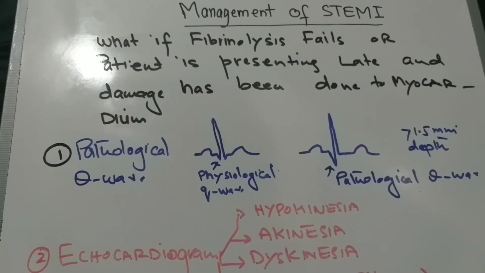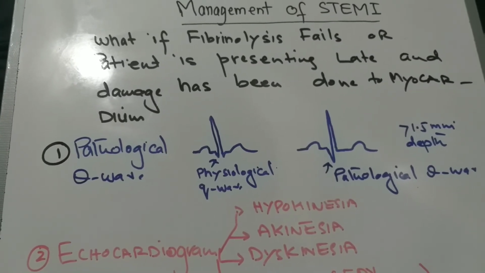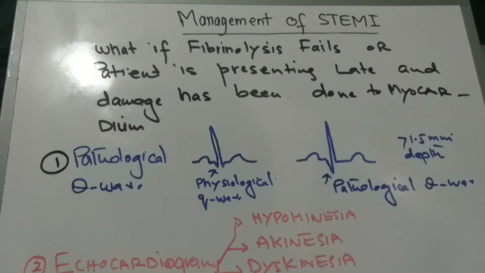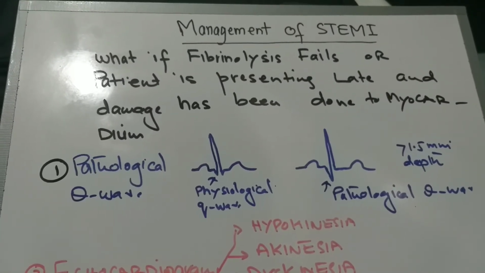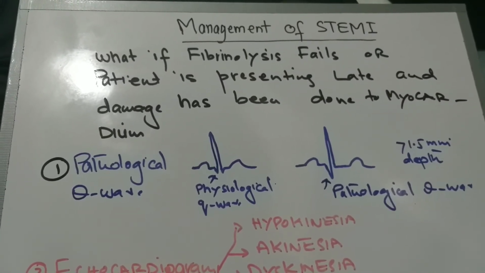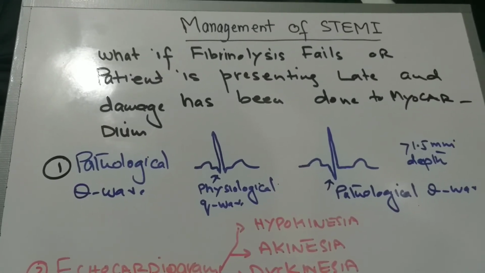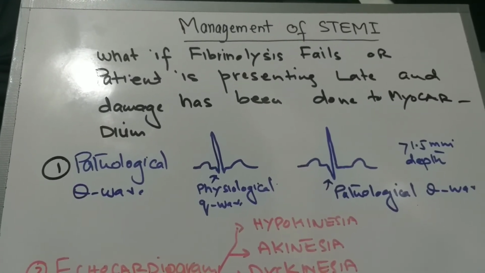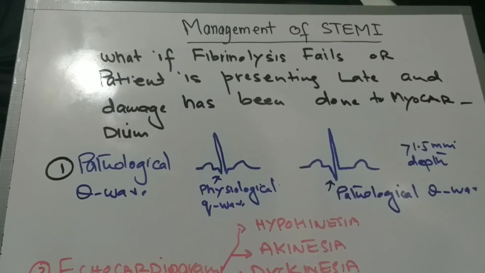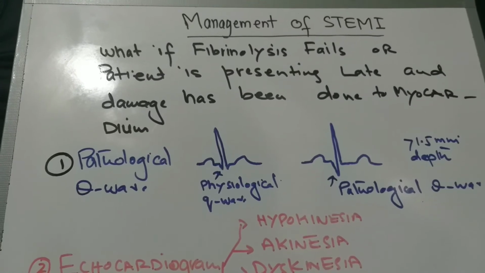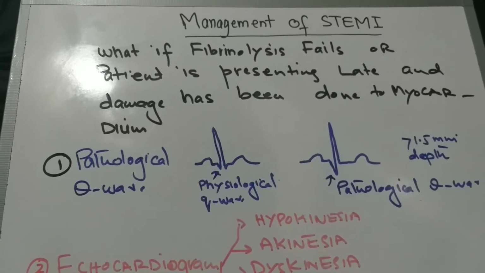For example, if a patient comes to you in the emergency department or in OPD, and you get a routine ECG, and there is a deep Q wave in lead 1 and AVL, we call it old lateral wall MI. And if the pathological Q wave, deeper than 1.5 millimeter, is in leads 2, 3 and AVF, this would be known as old inferior wall MI.